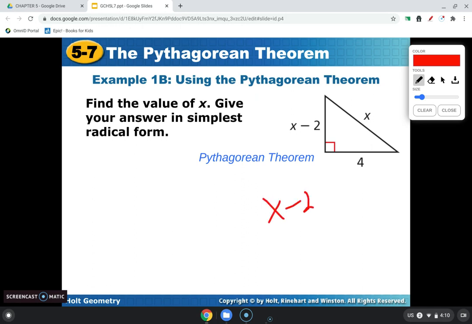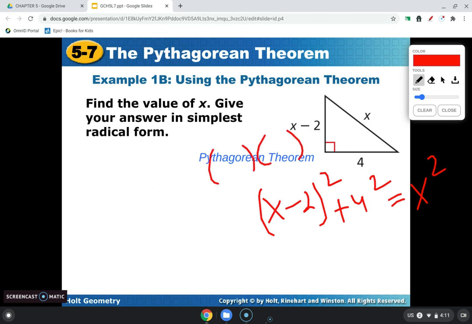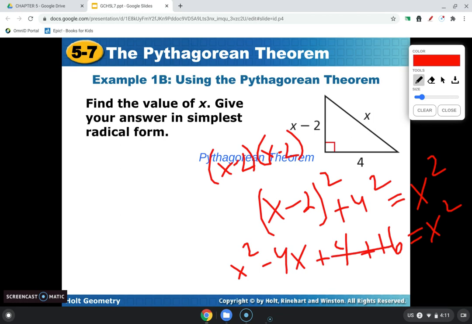x minus 2 squared plus 4 squared equals x squared. So when we do x minus 2 squared, we got to FOIL that out here. x minus 2 times x minus 2, so that'd be x squared minus 4x plus 4, plus 16 equals x squared. 4 plus 16 is 20.